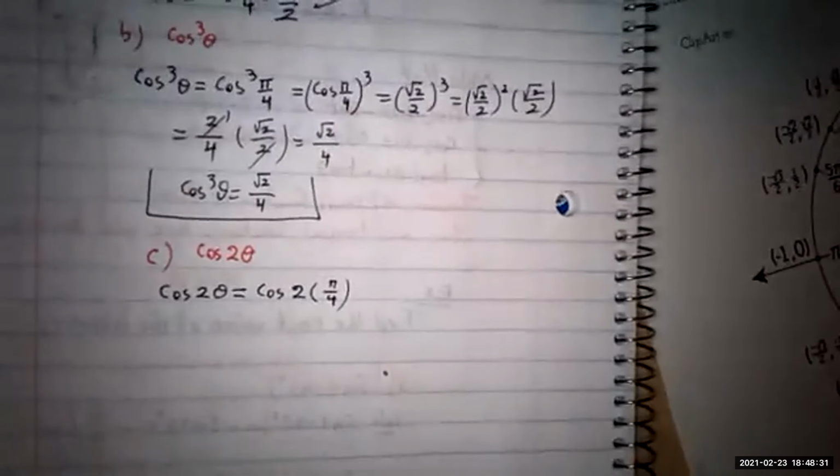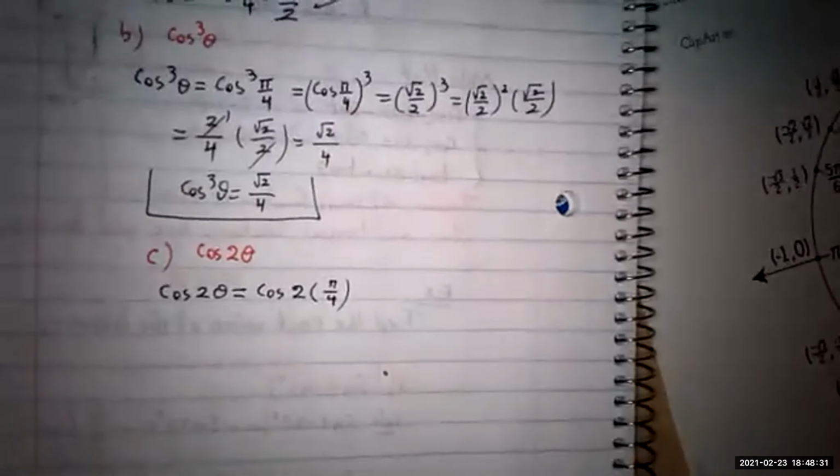That was a multiplication. Now, how about a kind of division, part D? Part D asks what is the cosine of 2 theta over 3. Again, you have to substitute theta with pi over 4, simplify it, and then go to the table for the leftover.